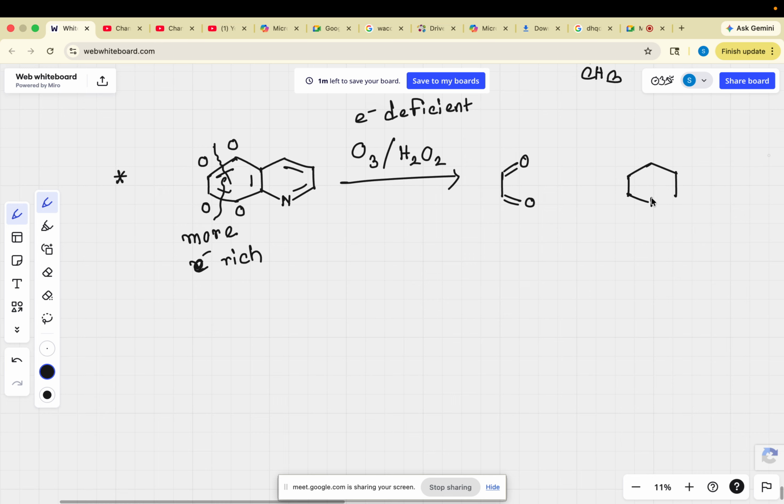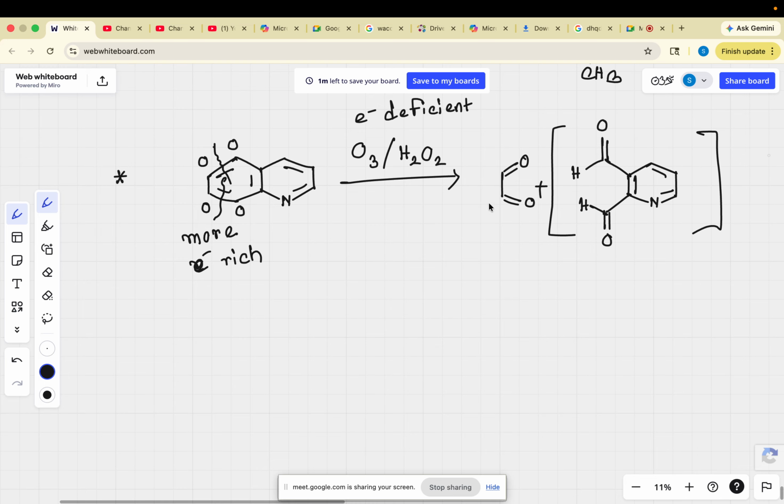Here you are attaching oxygen, so it will be double bond O hydrogen, and this side also double bond O hydrogen. So this is aldehyde.